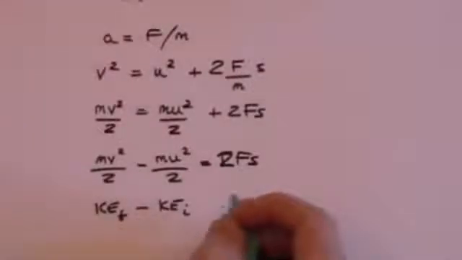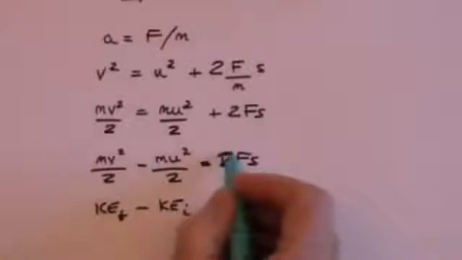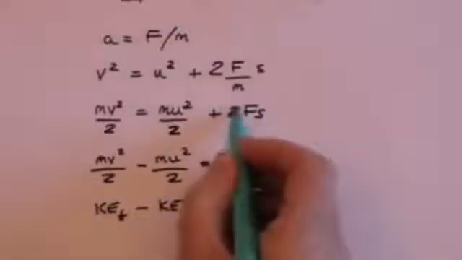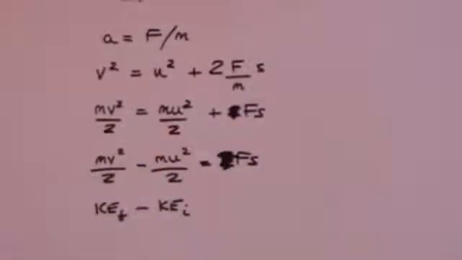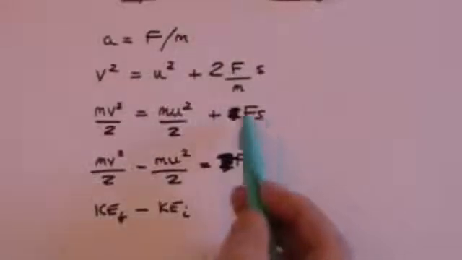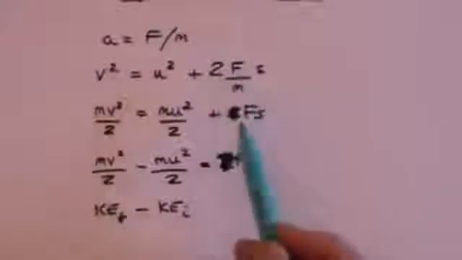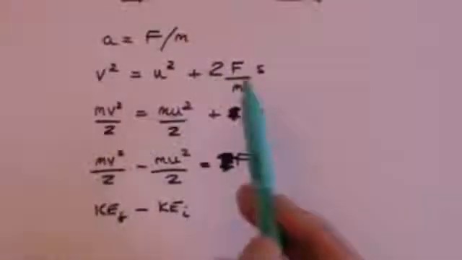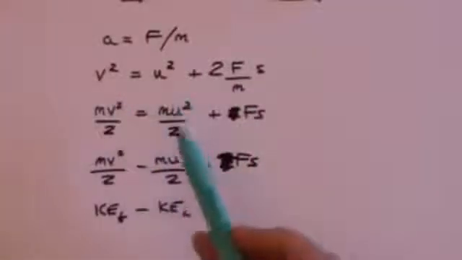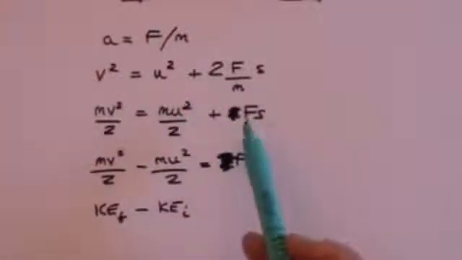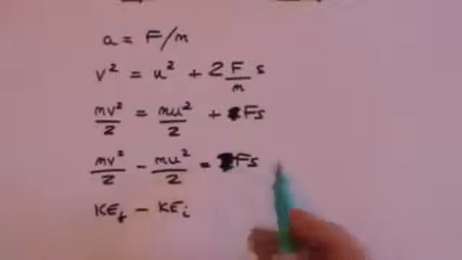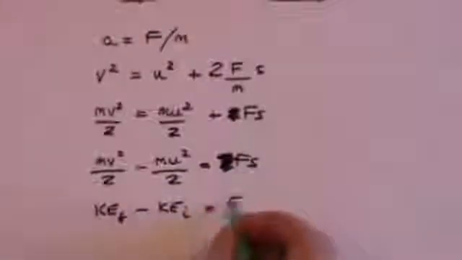And that equals, that is not 2Fs, I made a mistake here, haven't I? By multiplying by m over 2, I should just have Fs, so those 2s here were not applicable. It was right here, but I've then multiplied through by m over 2 in all equations, and therefore I lose the 2 here, and I lose the 2 here. So this simply equals Fs, not 2Fs.